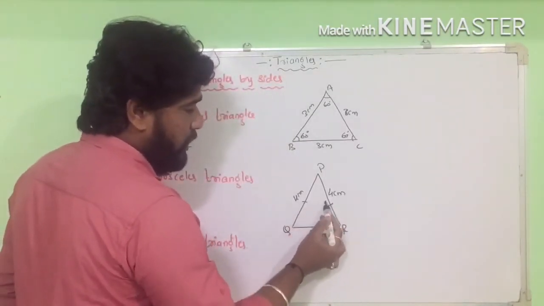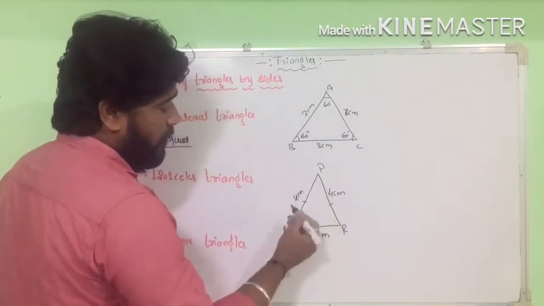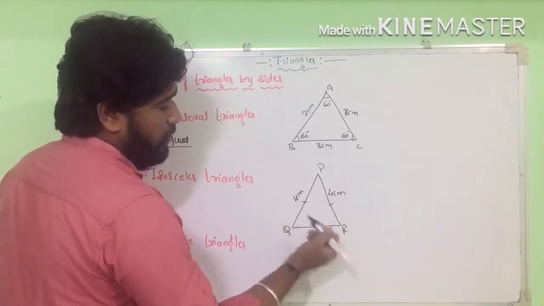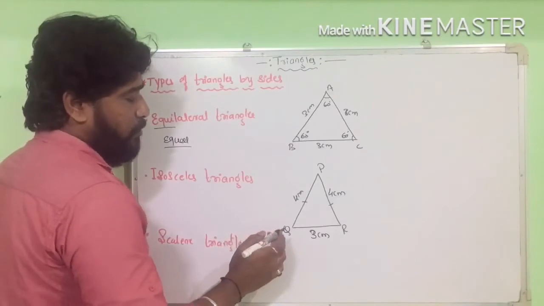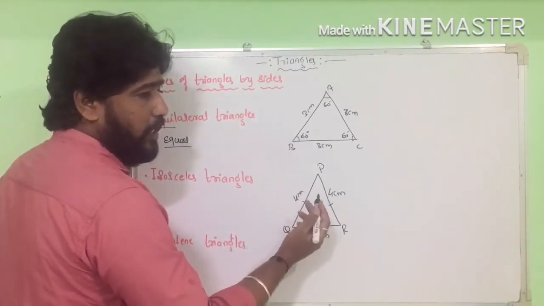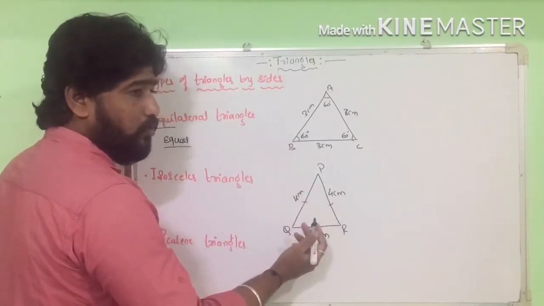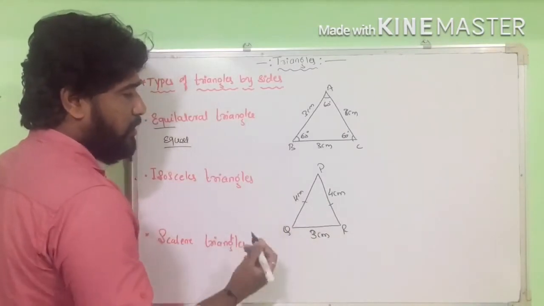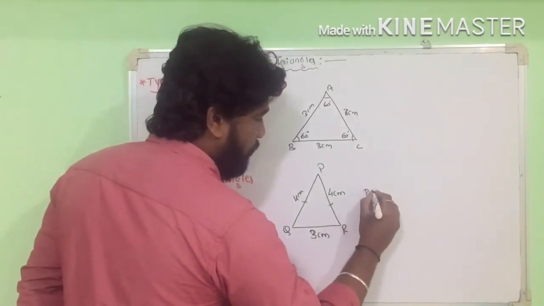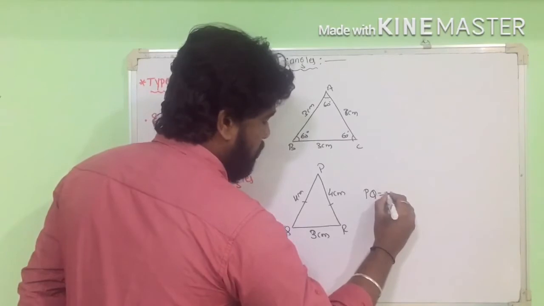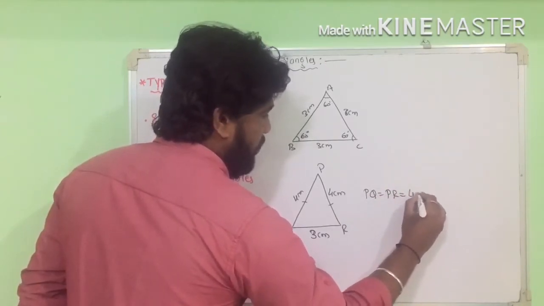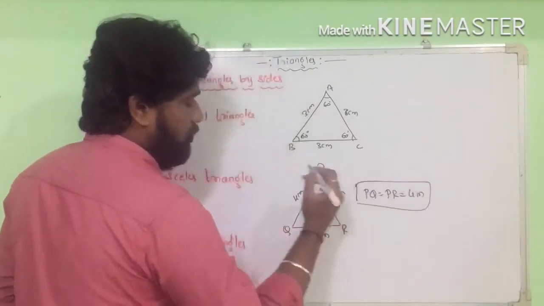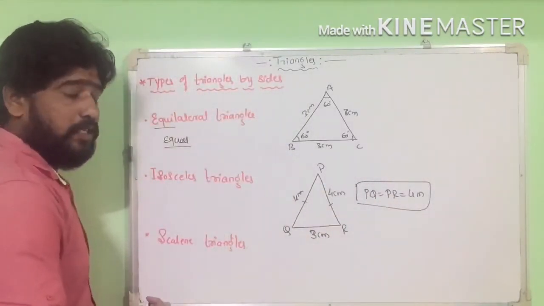This symbol shows that these two are equal. So here PQ is equal to QR. So it is called an isosceles triangle, because any two sides are equal. Right? So here PQ is equal to PR, 4 centimeters. So these two are equal. So it is an isosceles triangle.